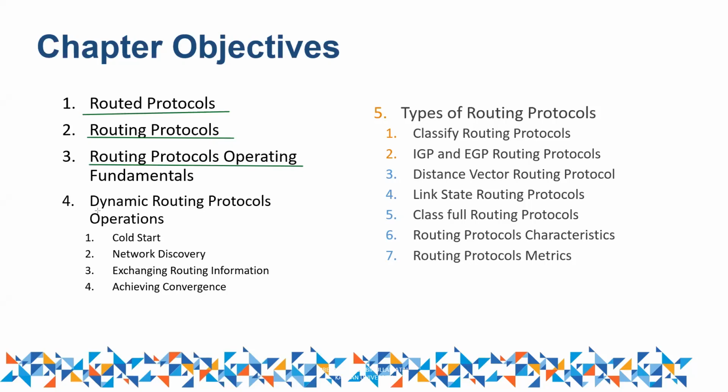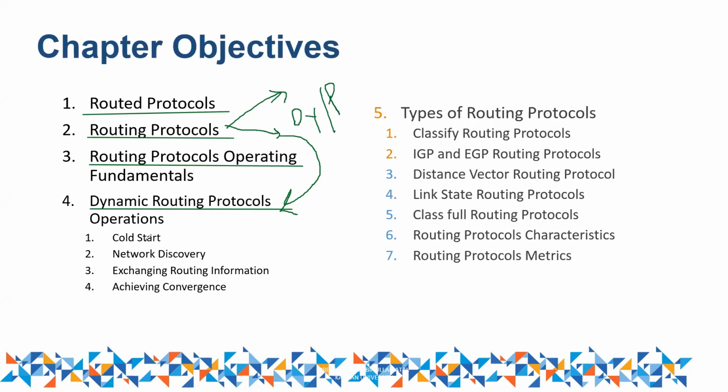Then we will try to understand the classification of dynamic routing protocols, because you know that there are two types of routing, static routing and dynamic routing, where dynamic routing uses routing protocols. The dynamic routing is totally based on what?